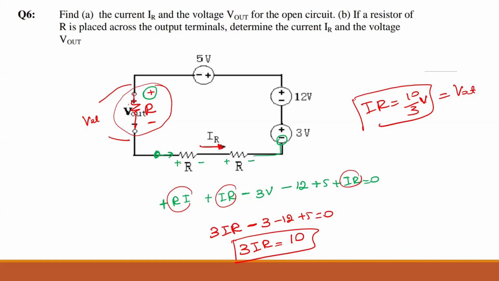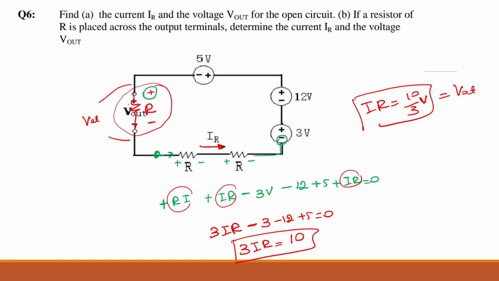How can we find the current now? Determine the current. Total voltage across this one is 10. Am I right? Yep.